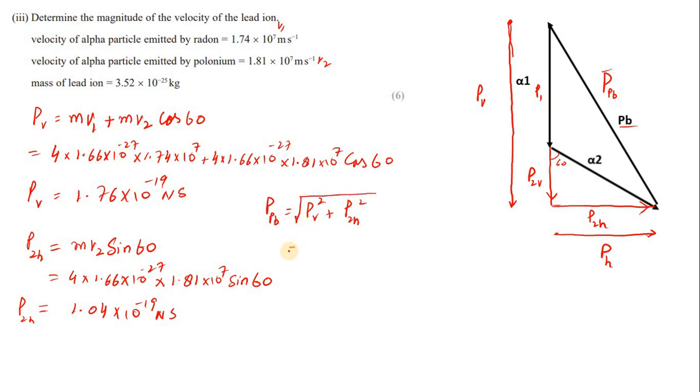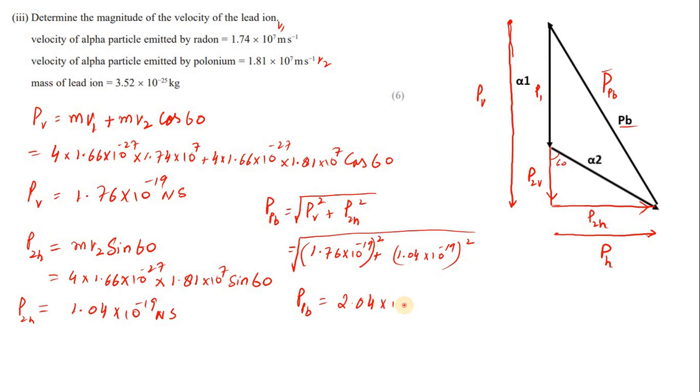So this is 1.76 10 to the power minus 19 square plus, must be in bracket, P2H 1.04 into 10 to the power minus 19 square and then root. So momentum of PB is 2.04 into 10 to the power minus 19 Newton second.